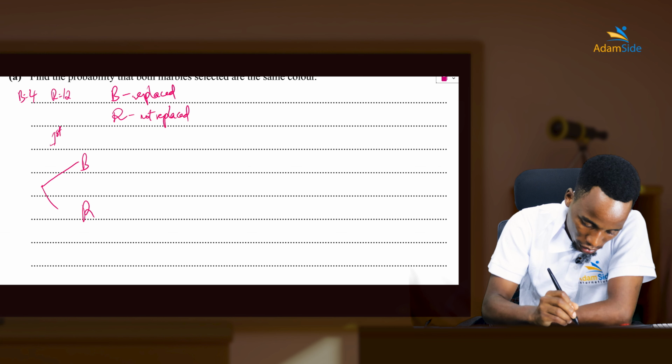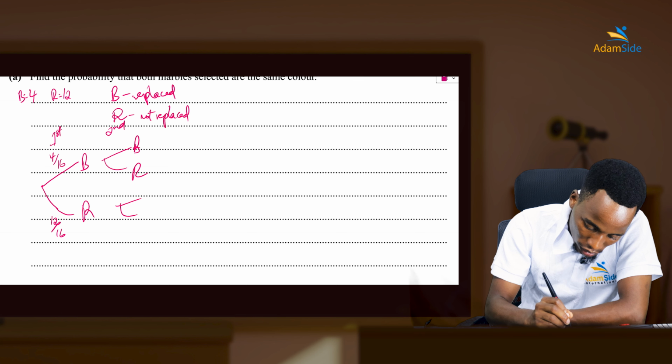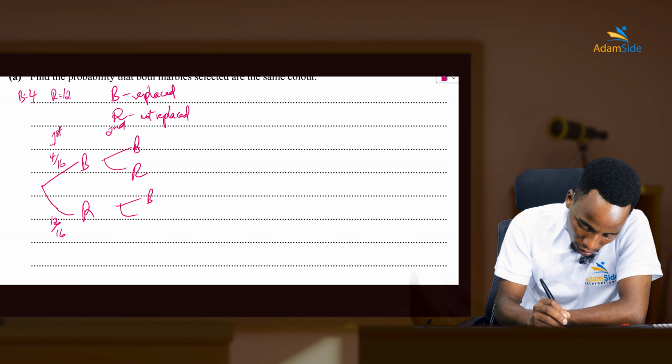The probability of getting blue for the first time is 4 over 16, which is the total of red and blue, and the probability of getting red is 12 over 16. For the second time, it can also be red. If the first is blue, the second can be blue or red. If the first was red, the second can be blue or red.